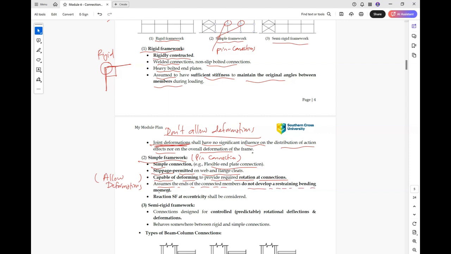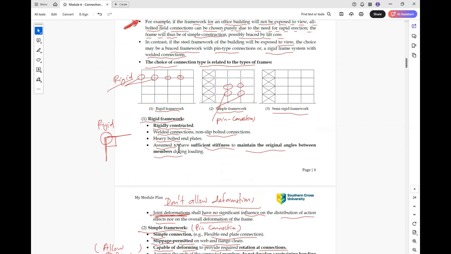So there is no end moment due to restraint at the ends. Reaction shear forces at eccentricity shall be considered. So we need to consider some eccentricity at the connection.